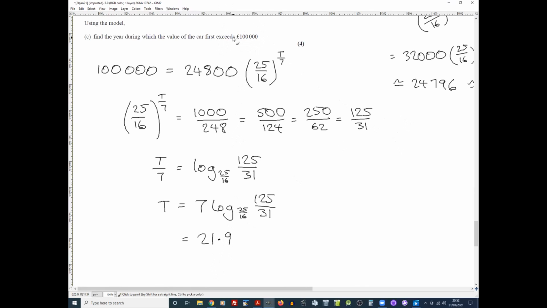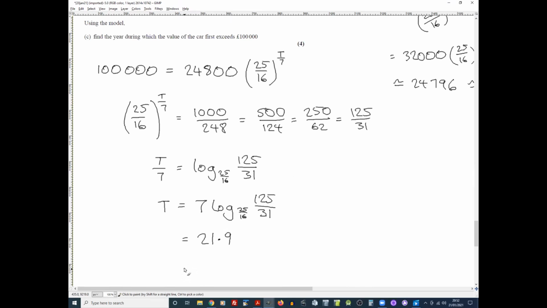The year that it first exceeds that, if it's happening during this 22nd year after the start. So it's just 2001 plus 21, isn't it?